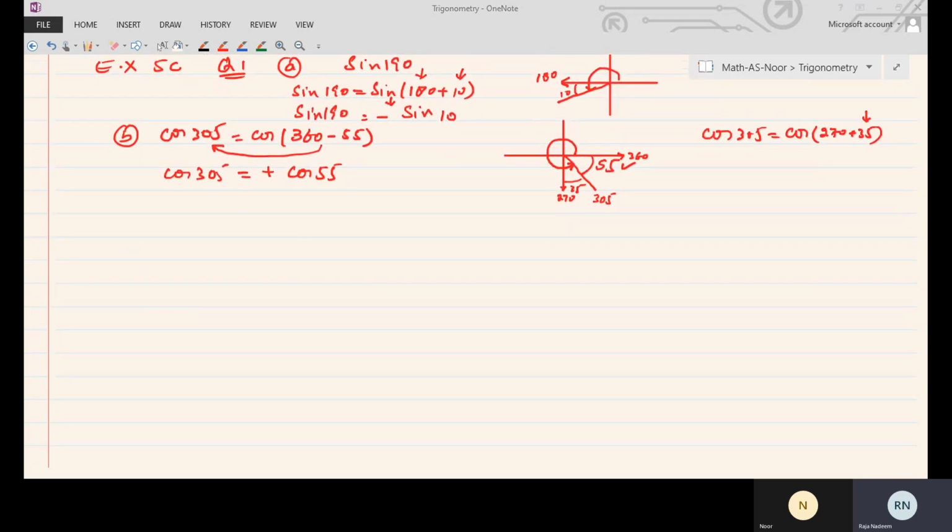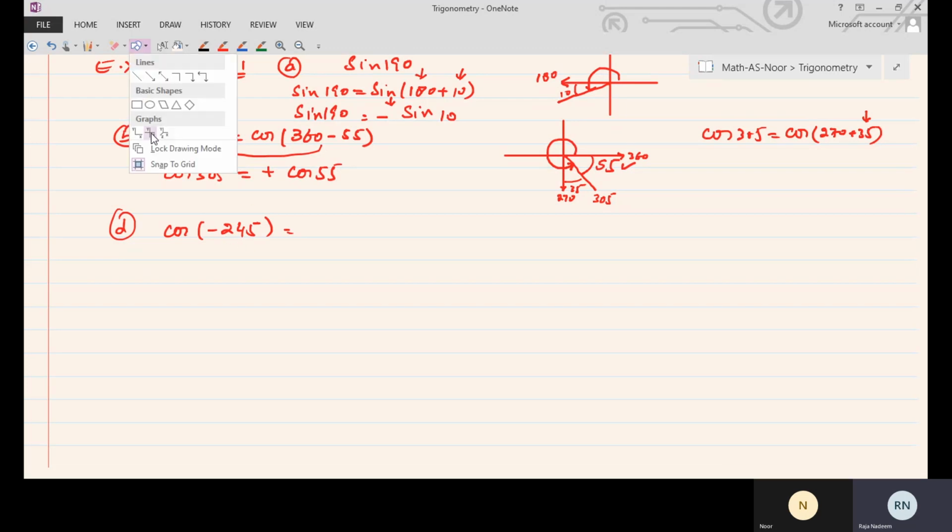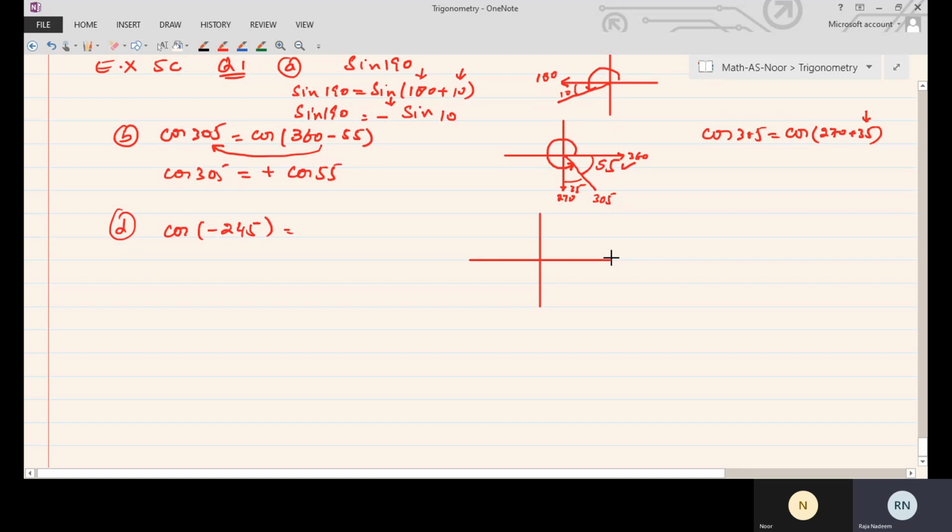So if I consider part D, it is cos of minus 245. Due to this minus sign, we have to change the direction. So it would be clockwise.